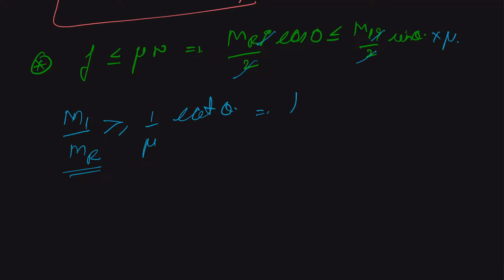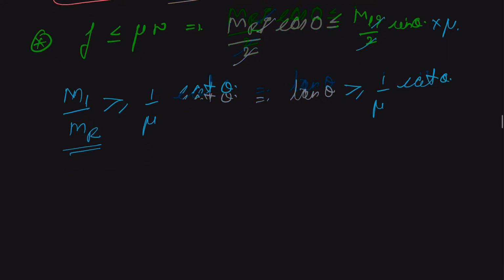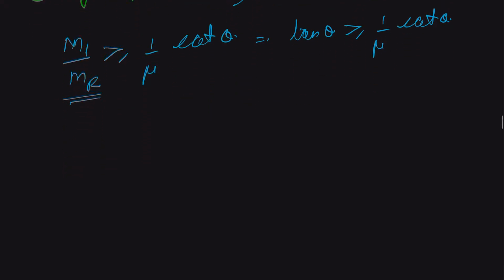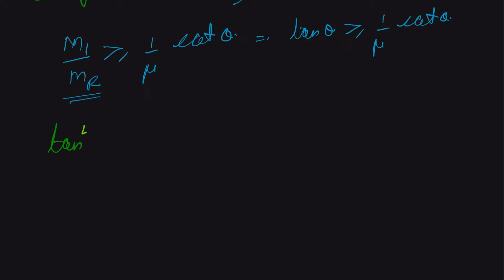So we can say tangent of theta is greater than 1 upon mu cot of theta, and cot of theta we can write as 1 upon tan. Therefore we get that tangent square theta is greater than or equal to 1 upon mu.